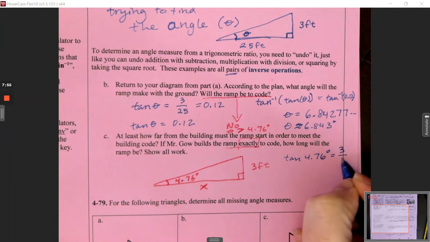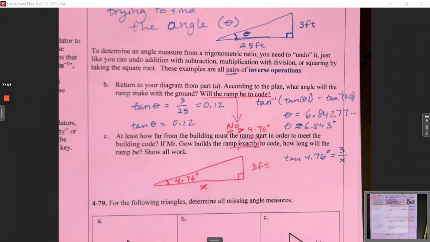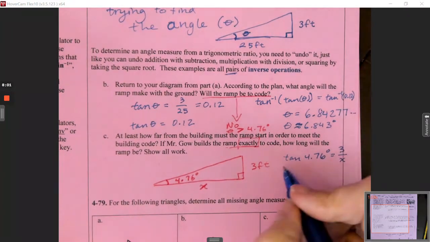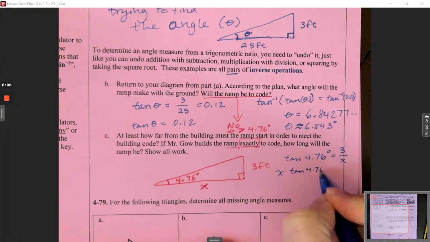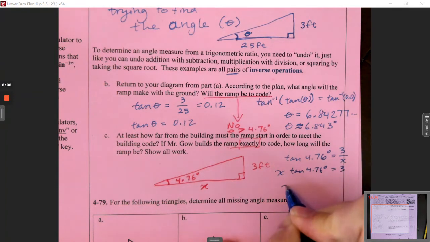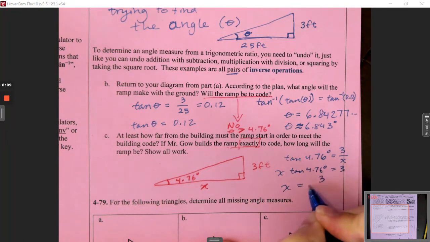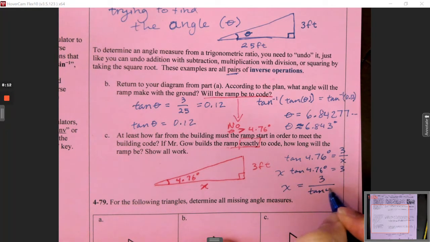Normally this answer is awesome, but we are doing a story problem and we want to know how long to build our ramp. I use my calculator: 3 divided by tangent of 4.76.